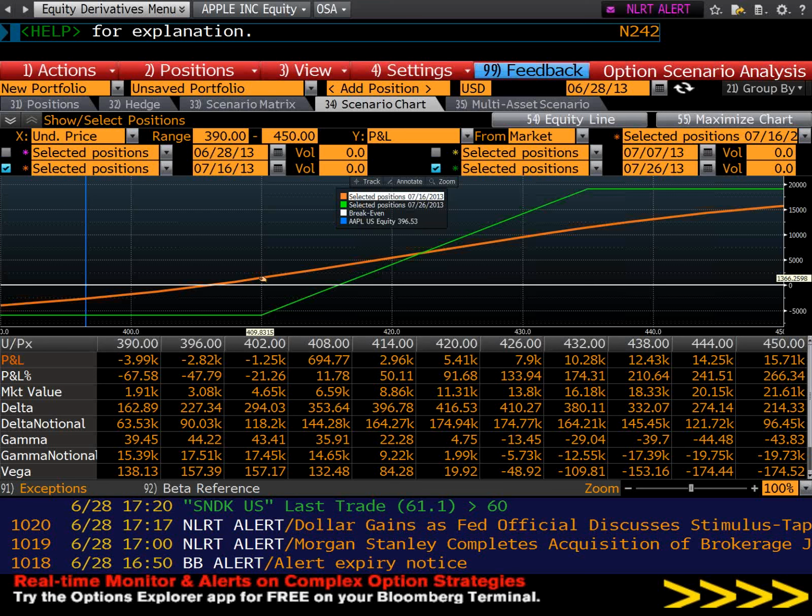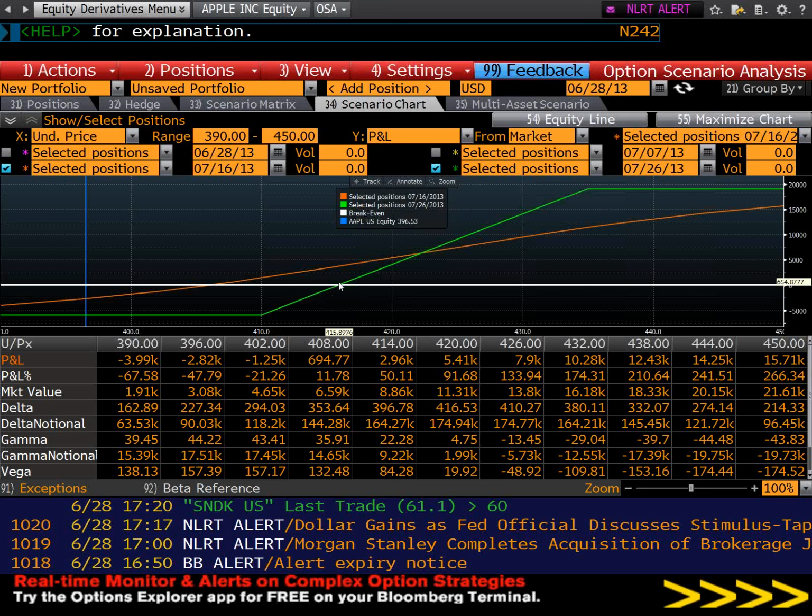After the event, on your assumption that the stock price moves toward your target of 435, the day following the earnings release, even though the volatilities will collapse, as you can see on the green line, because we have not adjusted the green line, the volatility remains constant.